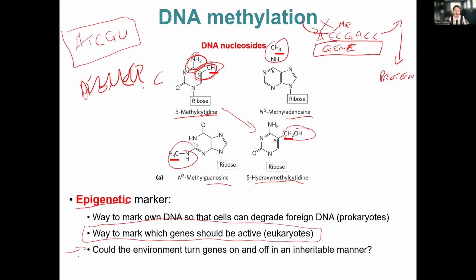Something really, really super interesting is that these epigenetic markers can be inherited. For instance, there was a study done with mice where pregnant mice were vastly overfed, made kind of diabetic, with huge amounts of sugar.